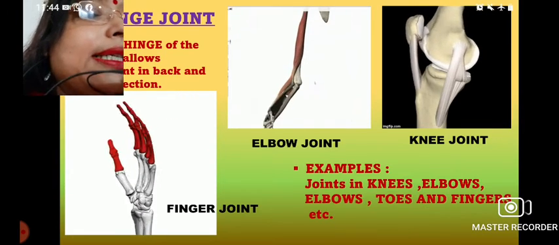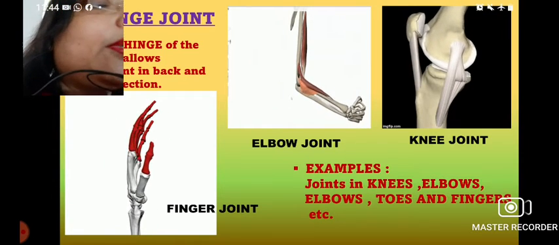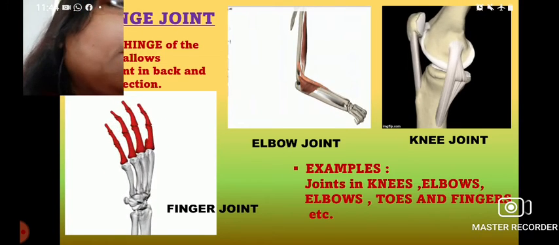Okay, so this kind of joint, that is the finger joint or the knee joint or the elbow joint, is known as the hinge joint. Remember, in the ball and socket joint we studied that the structure can be moved in all directions, whereas in the hinge joint it can be moved only in the back and forth direction.